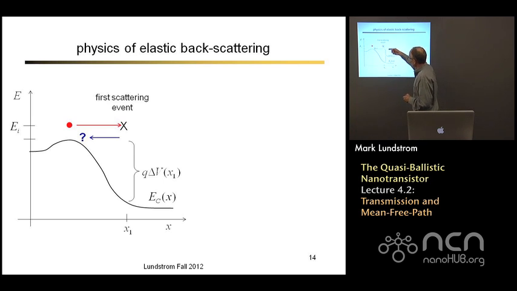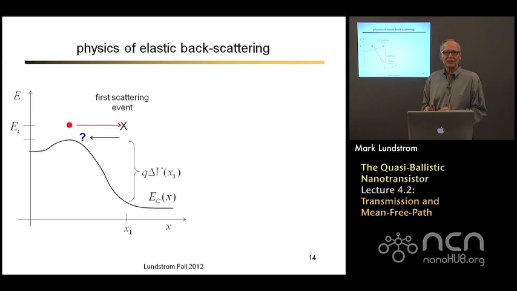And the question we're asking now is, what's the probability that it can turn around and return to the source and not transmit? Well, if it's an inelastic scattering event and it loses energy and drops down, then it's very hard for it to absorb energy and get over the barrier and out again.